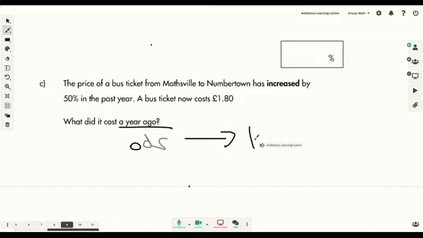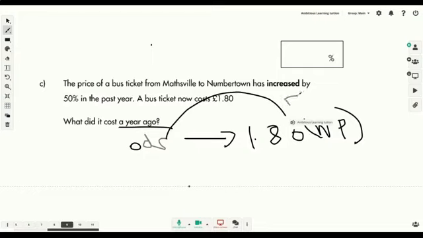Now it costs £1.80. That is my new price. And it's increased by 50%.